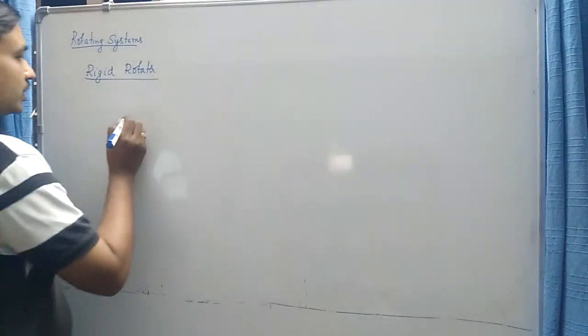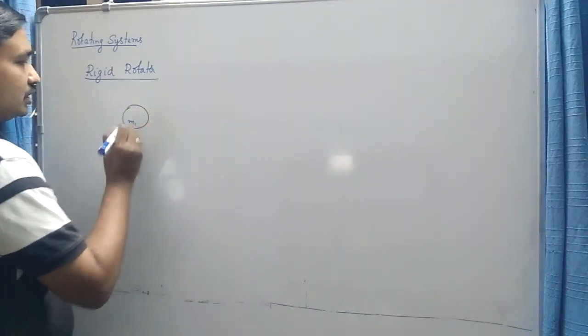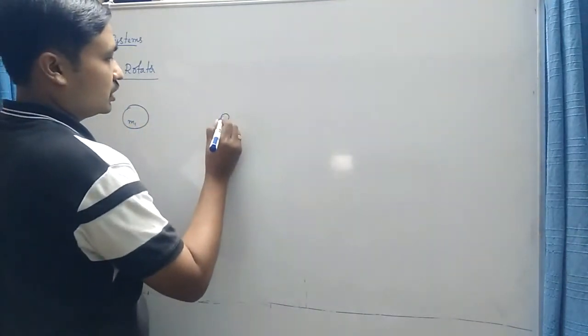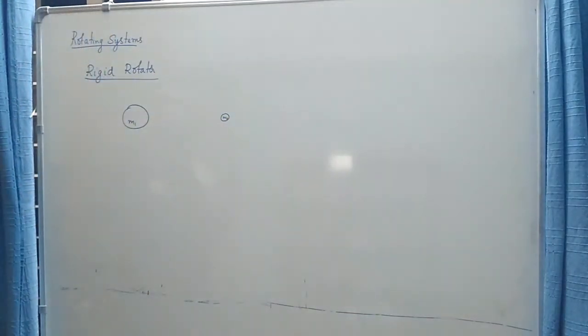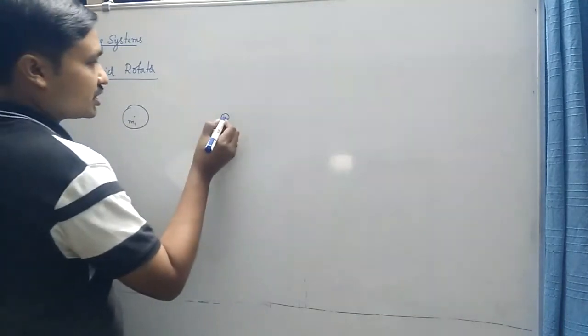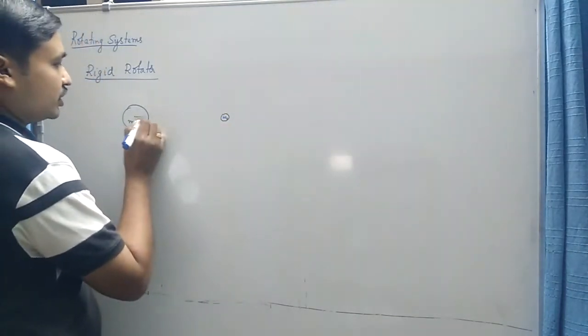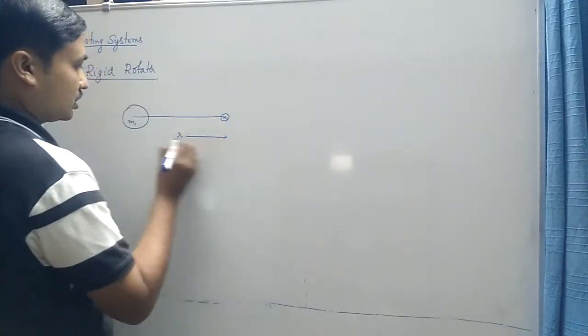So a rigid rotator contains two particles, say for example particle m1 and another particle m2. Clearly m1 is much greater than m2, and the distance between the centers of these two particles is taken as r.